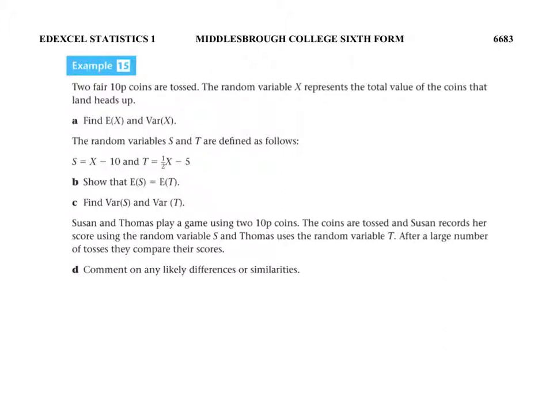Okay, so what does that mean in terms of a table? For part A, the distribution of x becomes this little table where we have x is 2 tails gives us 0 pence, 1 head gives us 10 pence, and 2 heads landing gives us 20 pence.